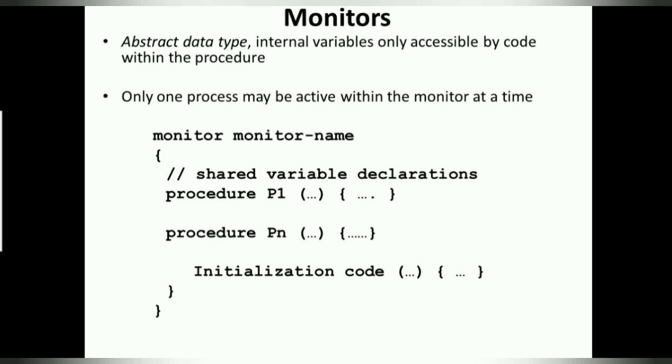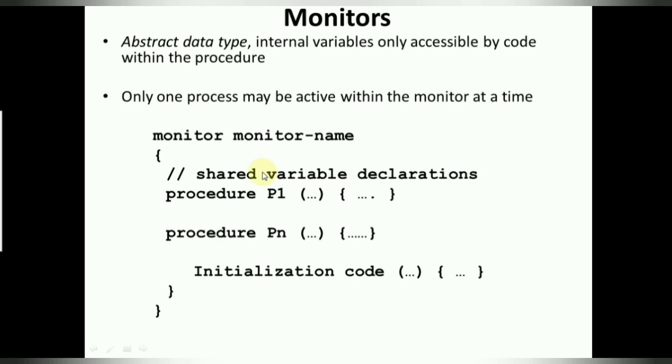Now, what is a monitor? How does a monitor look? Here is an abstract data type that is given. We use the keyword monitor and then we give the monitor name, and inside the monitor we define a set of programmer defined operations or procedures.